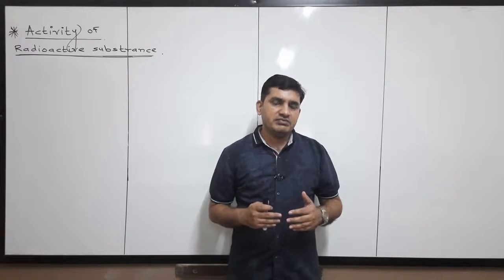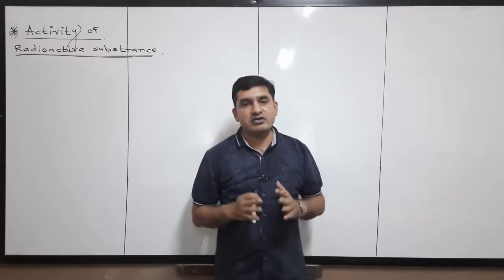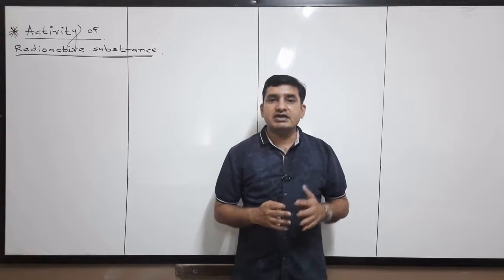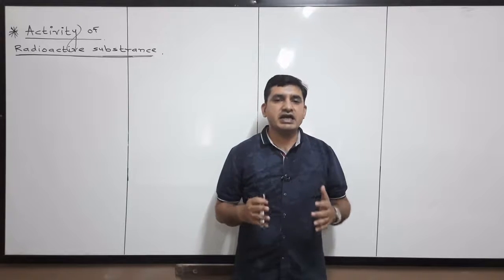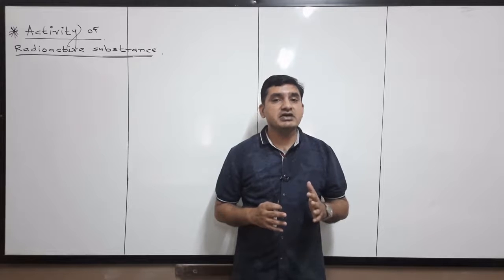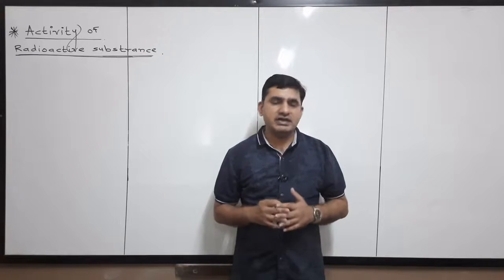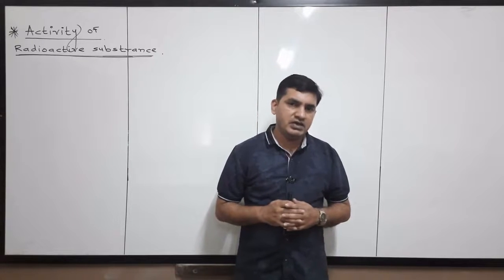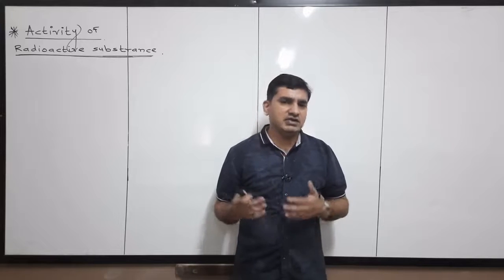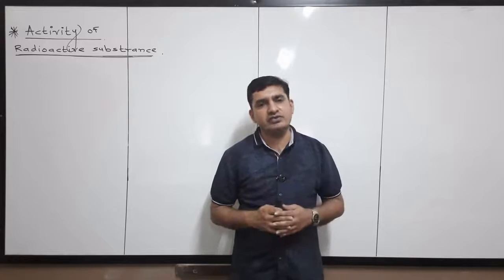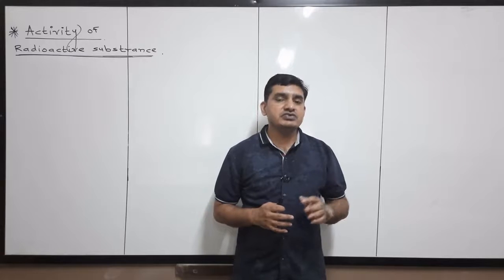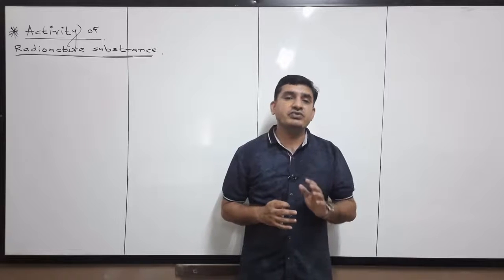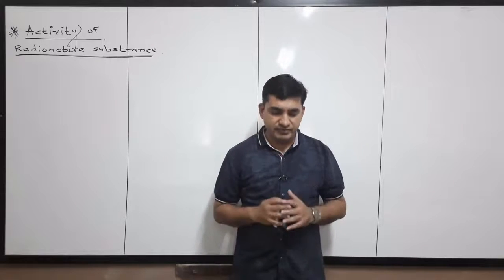The mathematical statement is dN/dt is directly proportional to minus N, and therefore dN/dt is equal to minus lambda into N. From that we can find the number of radioactive nuclei: N is equal to N0 e raised to minus lambda t.